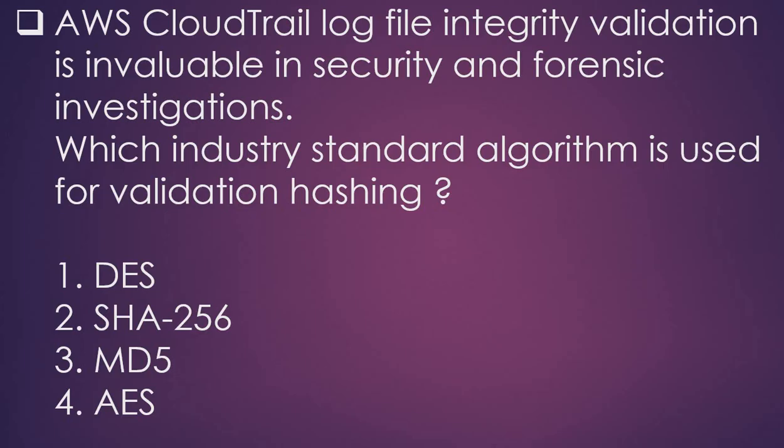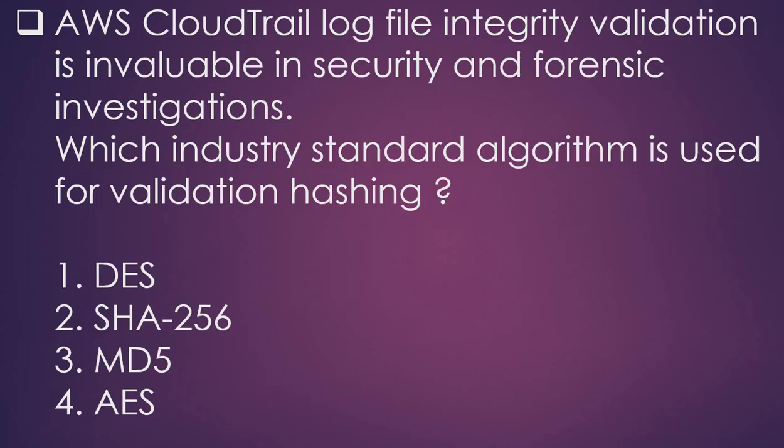When you investigate the CloudTrail logs, there is a validation of the logs. So which algorithm can be used? You can look at the options and choose the correct answer: DES, SHA-256, MD5, AES. I am pausing the video, you can guess.